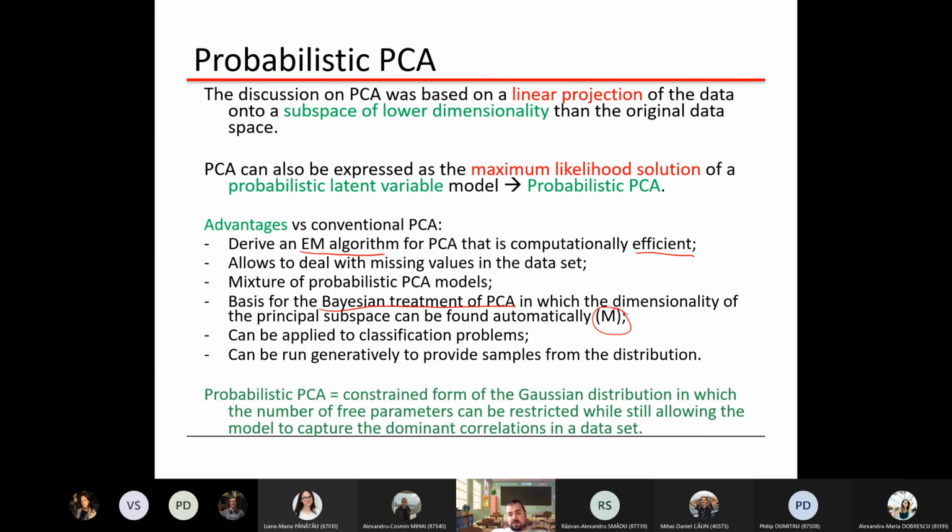So it has some advantages, but it involves a little more computation because you would need some probabilities and you'll have to derive them to compute them. So probabilistic PCA is a constrained form of the Gaussian distribution in which the number of free parameters can be restricted while still allowing the model to capture the dominant correlations from the data set.